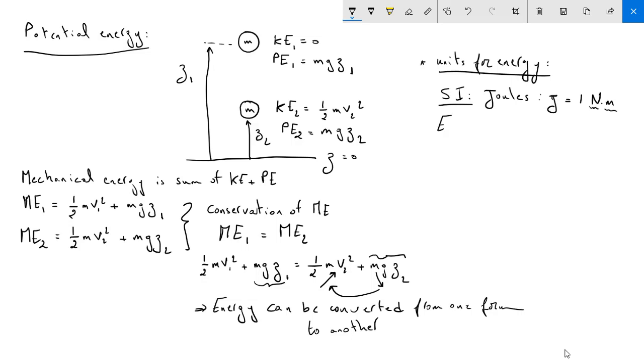And in English units, it has a unit of BTU, which is an abbreviation of British thermal unit, where 1 BTU is equal to 778 feet pound force. Always you will have some length times some force.